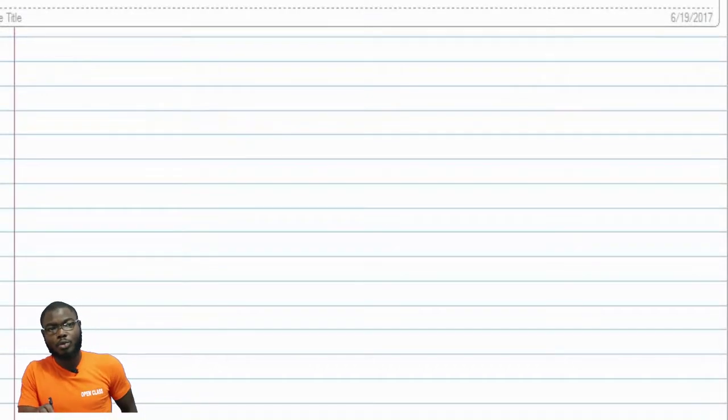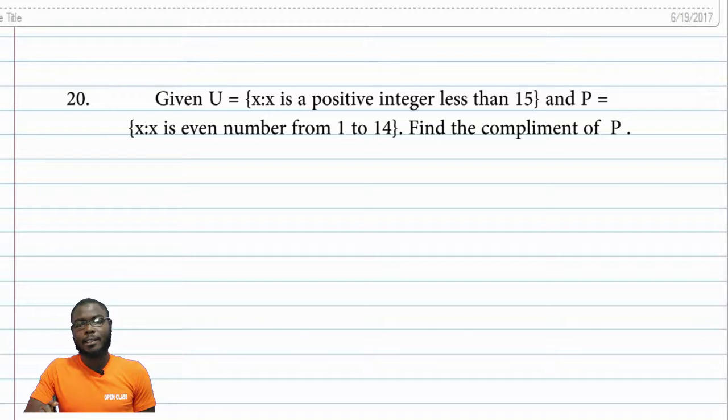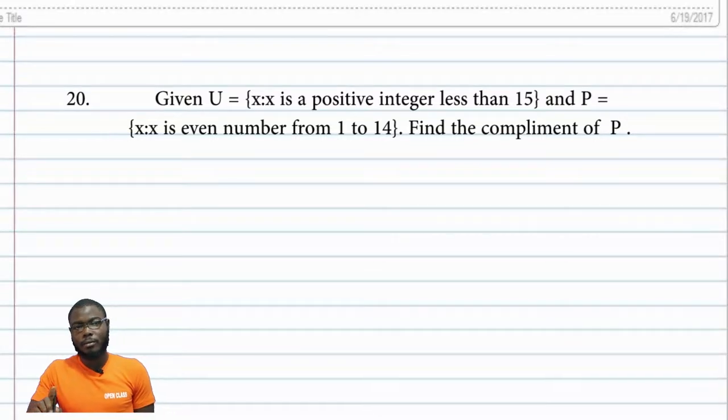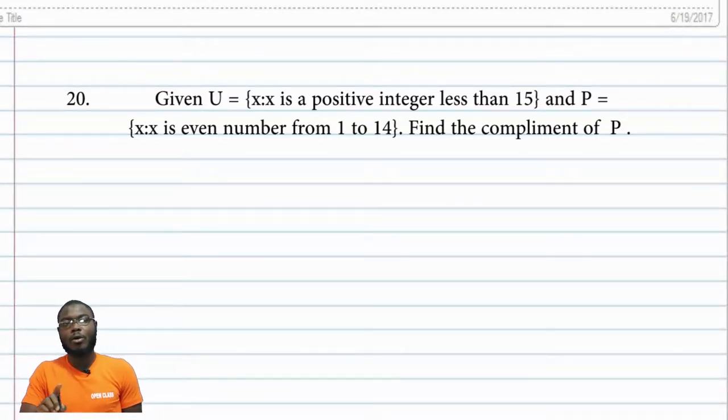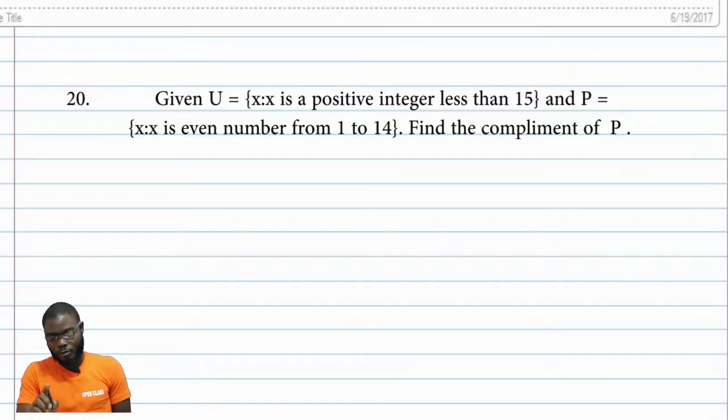Now, in question number 20, you have given that u equals x, such that x is a positive integer less than 15, and p equals x, such that x is an even number between 1 and 14. Find the complement of p.